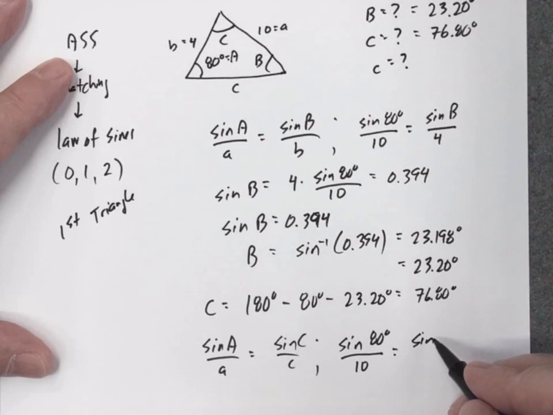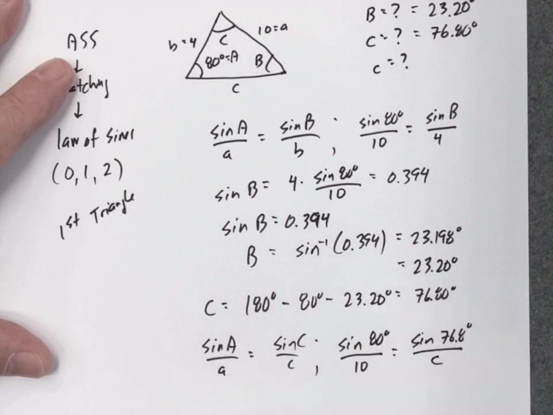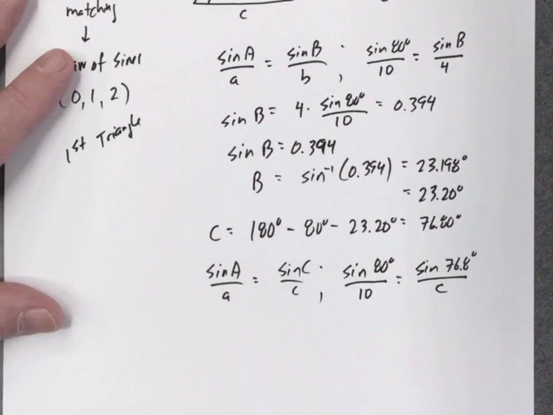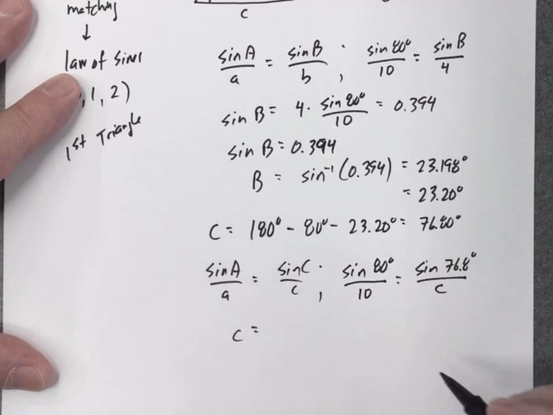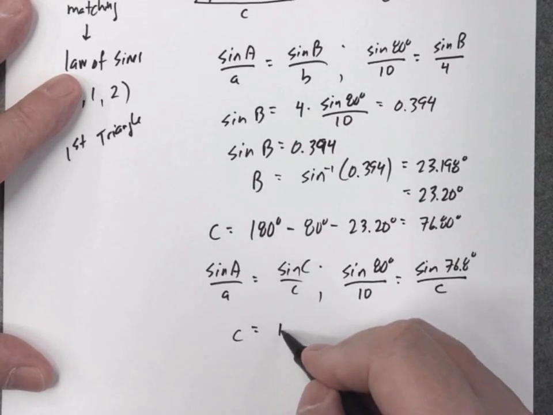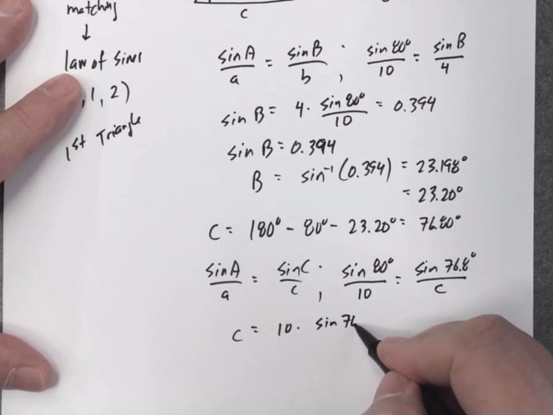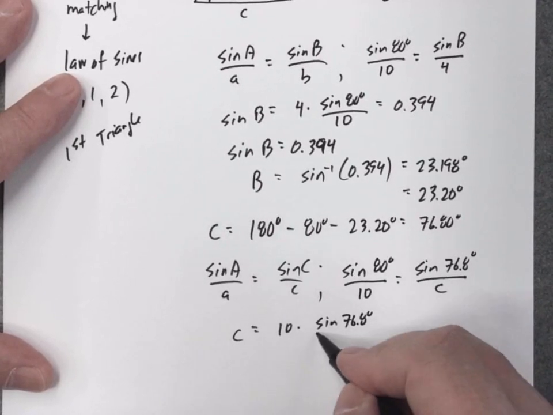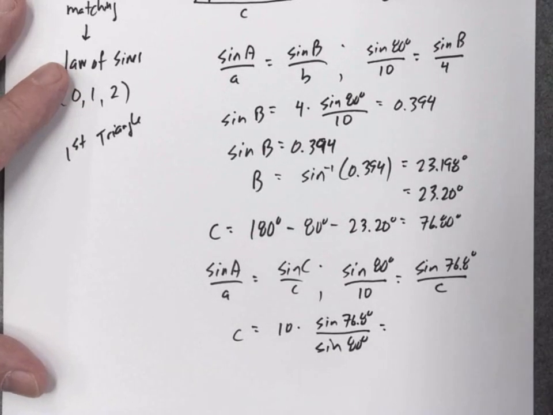Angle C, we just found to be 76.8 degrees, over side C. So if I solve this for C, I would end up with 10 times the sine of 76.8 degrees over the sine of 80 degrees.